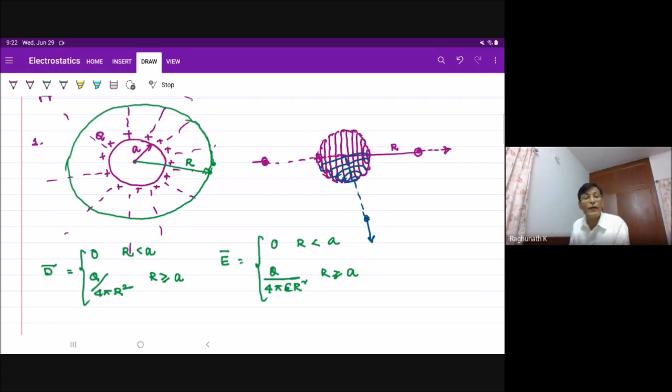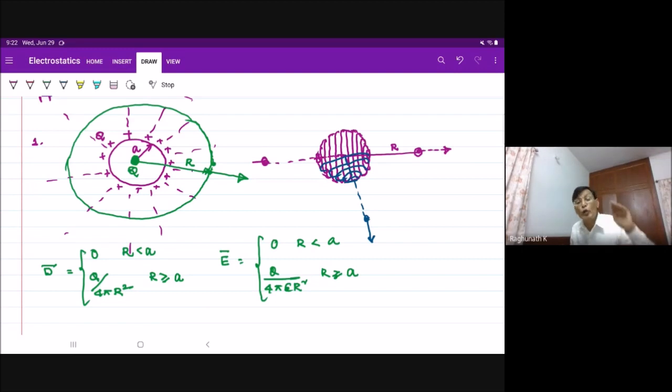You please tell me, instead of Q distributed on the sphere of radius a, if the same Q is there at the center of the sphere, that Q is also at the same distance from the point, and the electric field intensity at that point is radial because of that also.